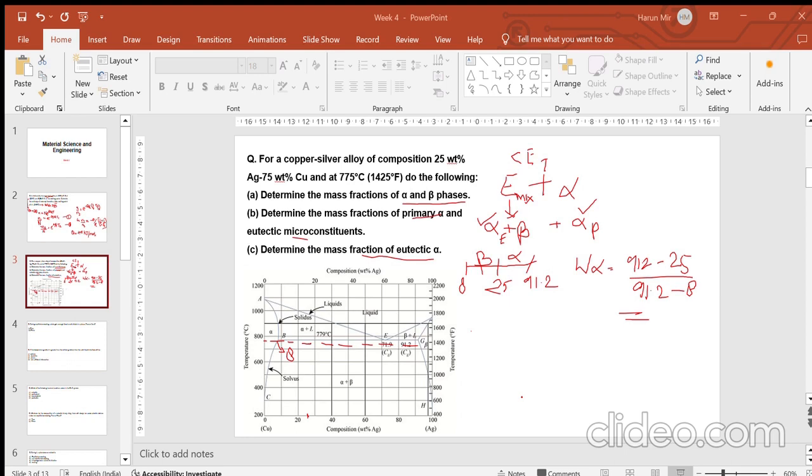So our weight fraction of beta will be 0.21. Is it clear? Is it clear so that we can move to the next part?